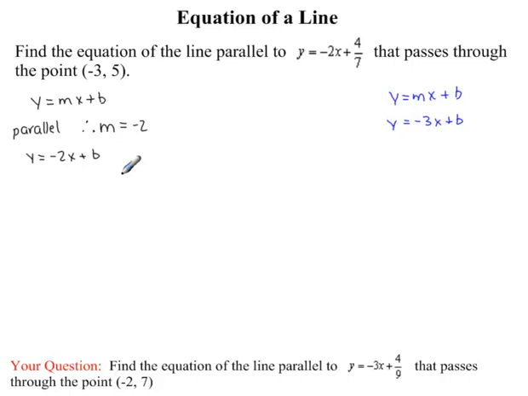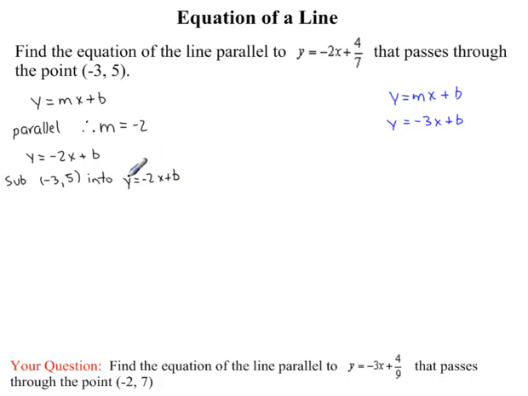So I'm just going to write here, we're going to substitute negative 3, 5 into the equation y equals negative 2x plus b.